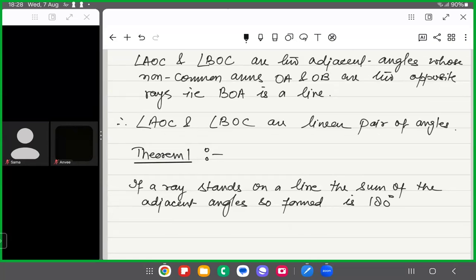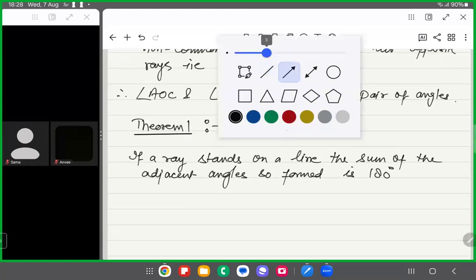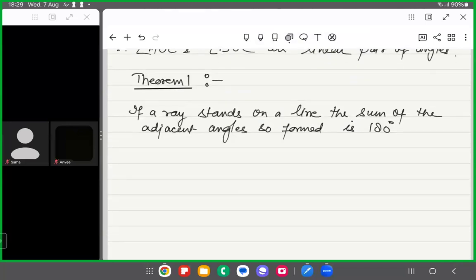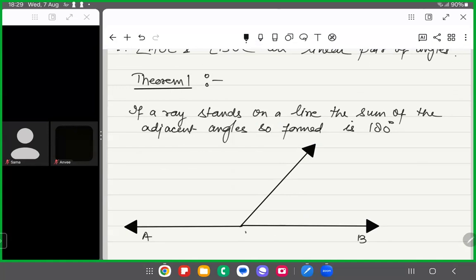Okay. That means what? Suppose this is A, B, C, D, right?